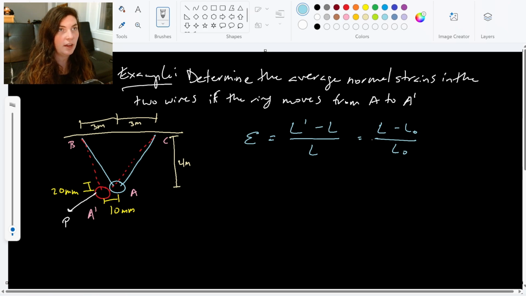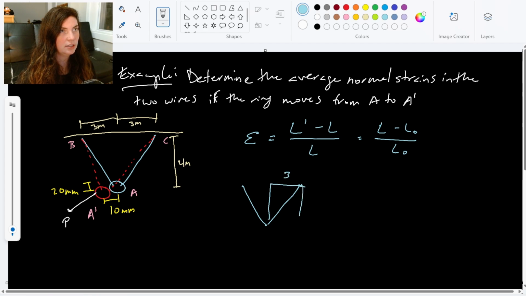So we'll need to find for each wire their initial length and their final length, right? So not too many things to find, just those four lengths is what we need. So for my initial lengths, I'll notice that AB and AC each make a 3, 4, 5 triangle, right? This distance here I have 3.